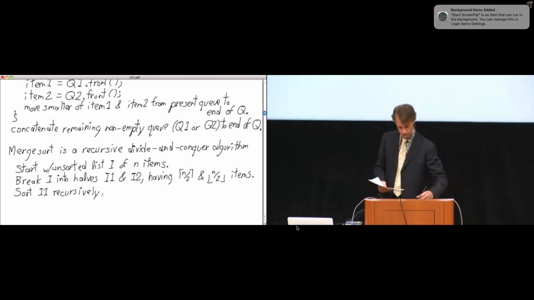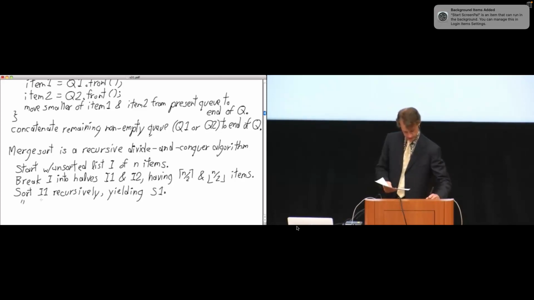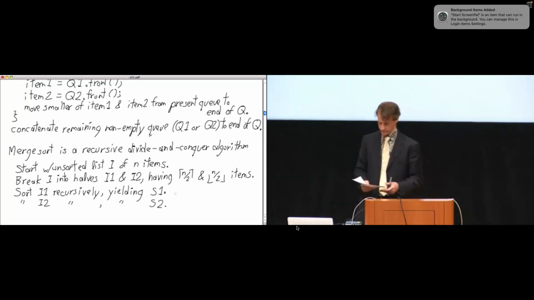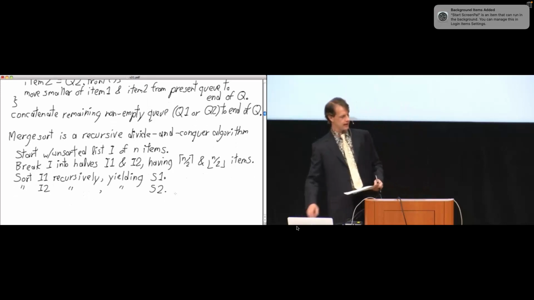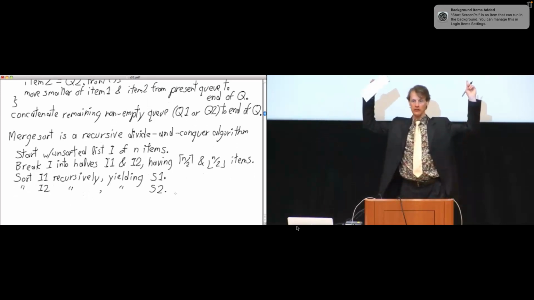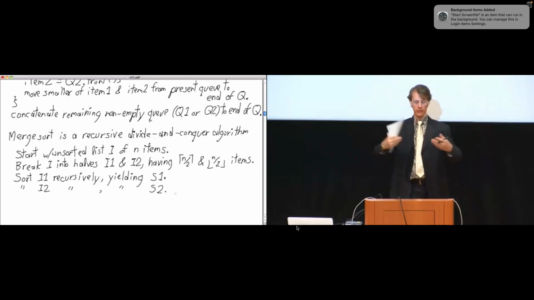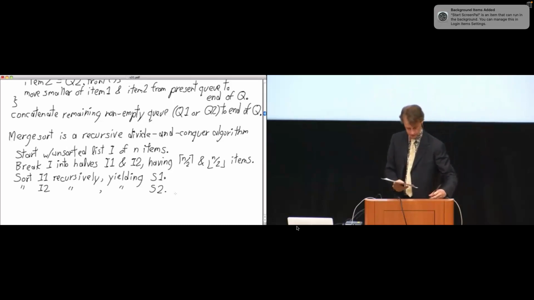So after you sort it recursively, you get back a sorted list of the same items, which we will call S1. And then we sort I2 recursively, yielding a sorted list that we will call S2. And finally, we will use that merge routine that I wrote above to merge S1 and S2 together into one sorted list.